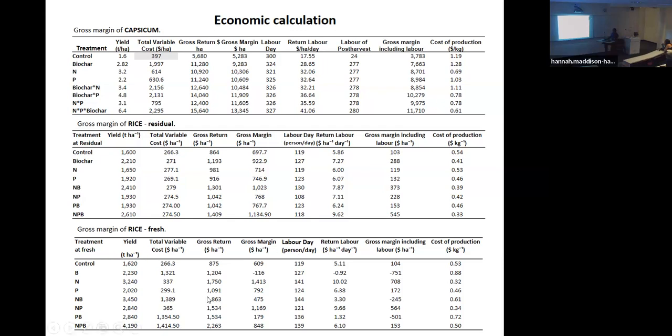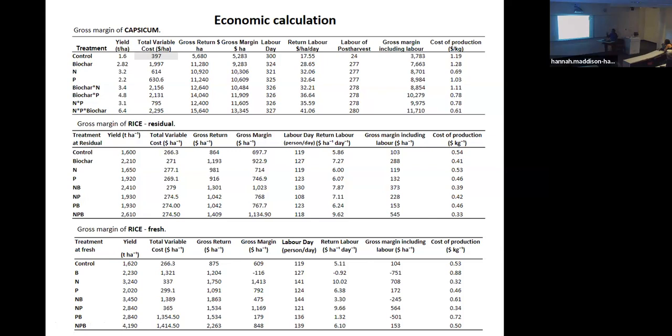So it's very good. But again, by contrast, biochars application fortified with the phosphorus and nitrogen brings a negative impact to the return. Why? Because the cost of production for biochars is very high, while the rice we sell at farm gate is only 45 cents per kilogram.